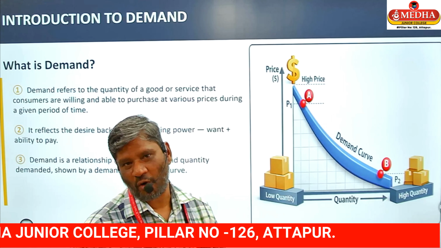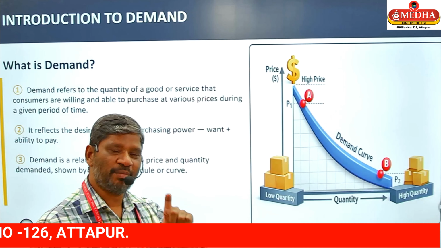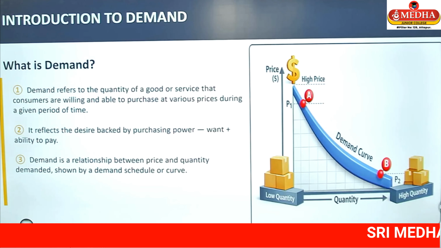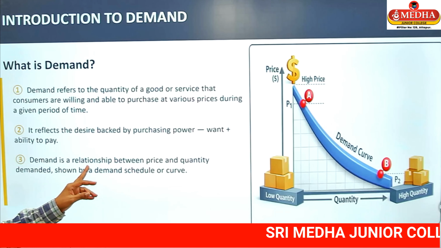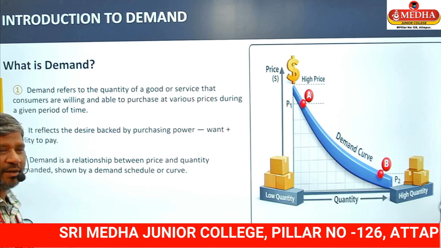Desire is nothing but want. So, want plus ability to purchase creates the demand, and it shows the relationship between price and quantity demand.